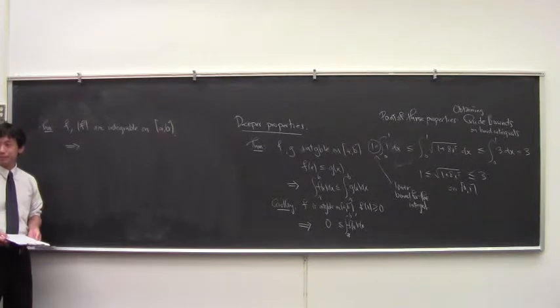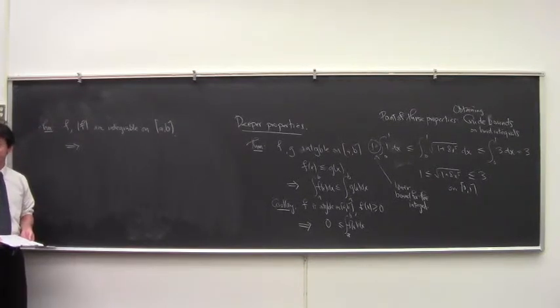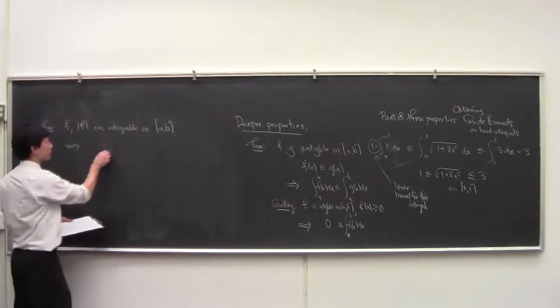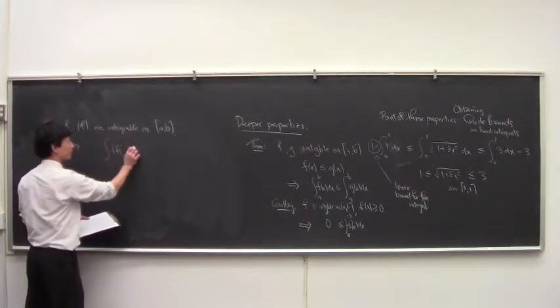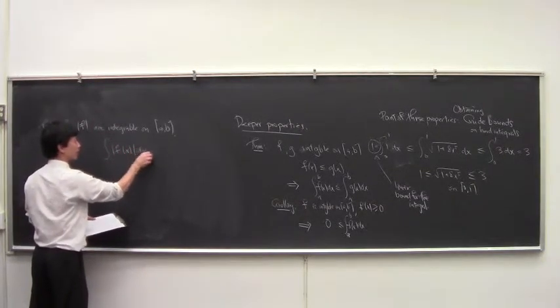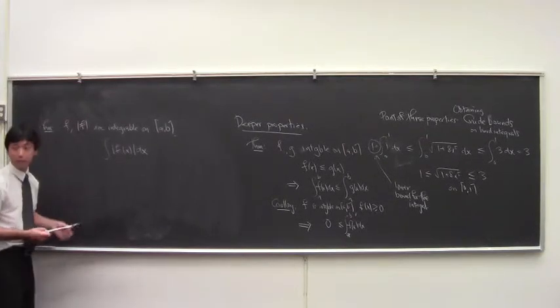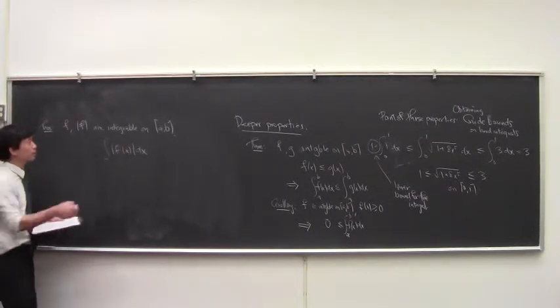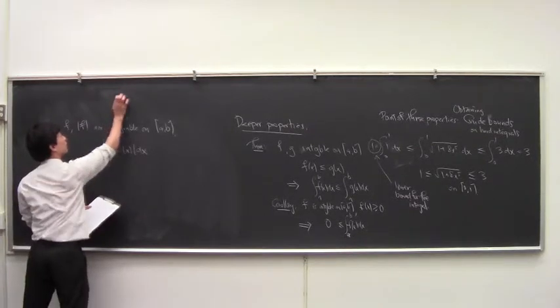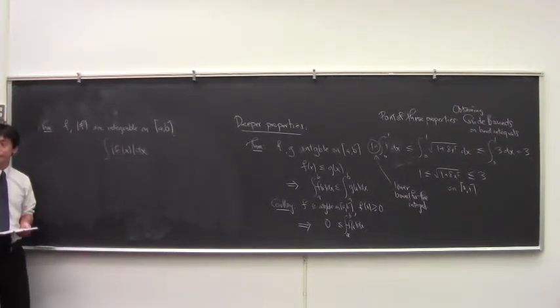Hey, Rachel. Would the integral of the absolute value of f be greater than or equal to the integral of f? Okay. Yeah, and why do you say that? Because all of the negative parts of f would be positive, so there'd be more area.